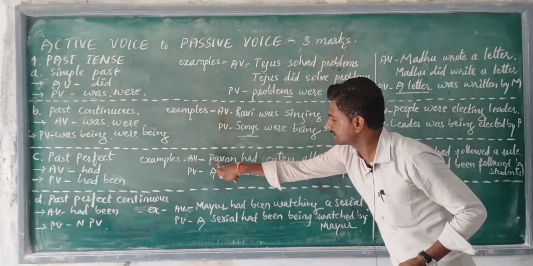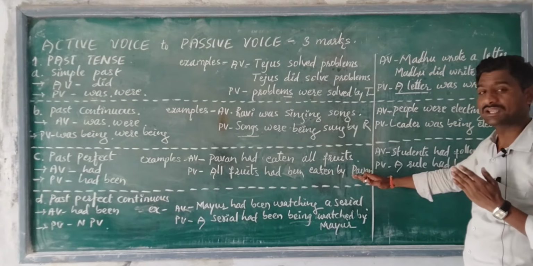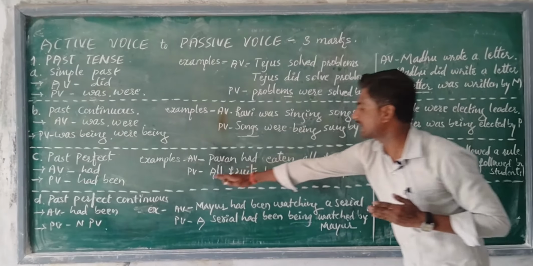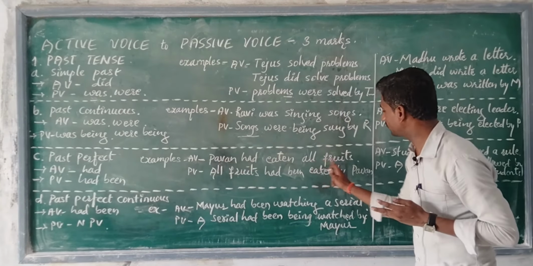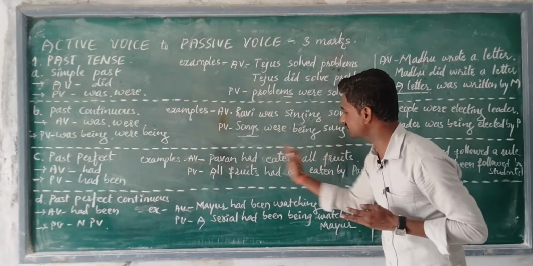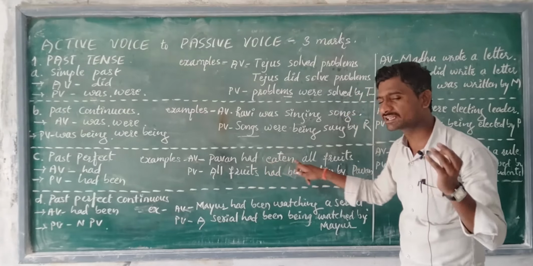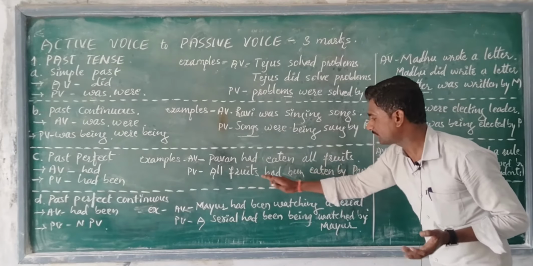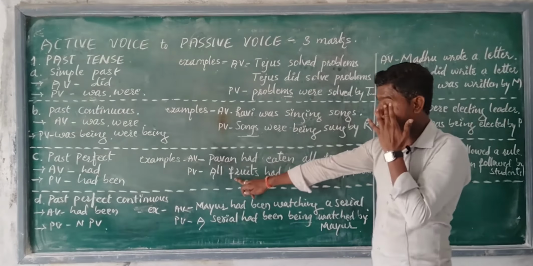See here, the subject of active voice is shifted to the end of the sentence in passive voice, and the object of active voice is shifted to the subject of passive voice. Pavan had eaten all fruits. All fruits had been eaten by Pavan. This is the plural form.